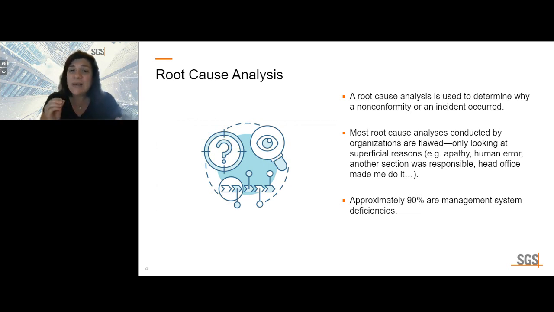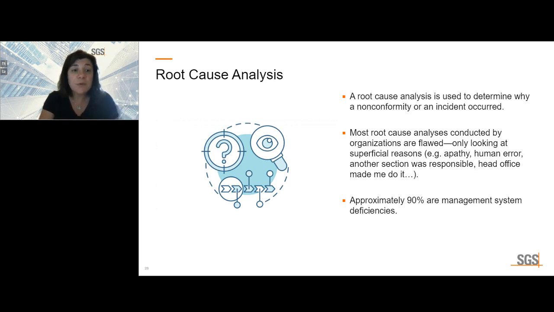What I generally tell people is that if you want people to be autonomous and to help you with finding out why there are problematic areas occurring, or why you have nonconformities, and therefore you want them to conduct a root cause analysis, there's a plethora of tools that you can use.